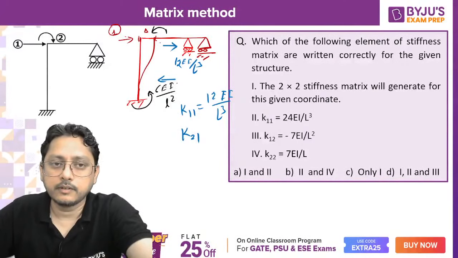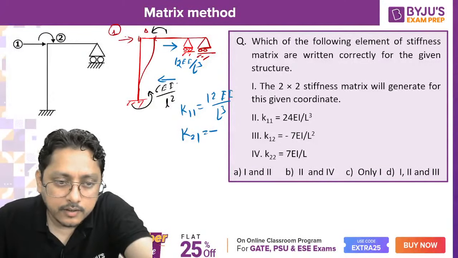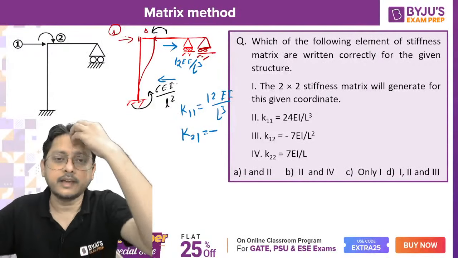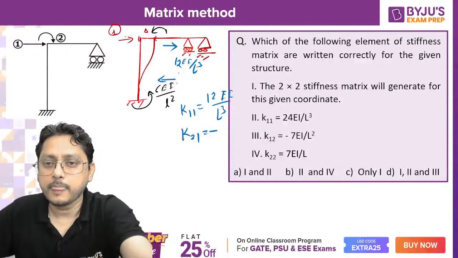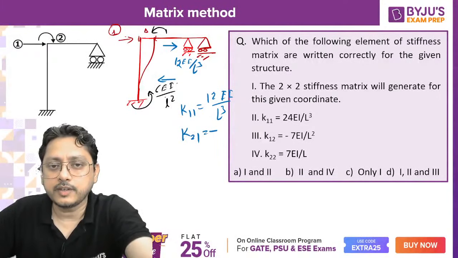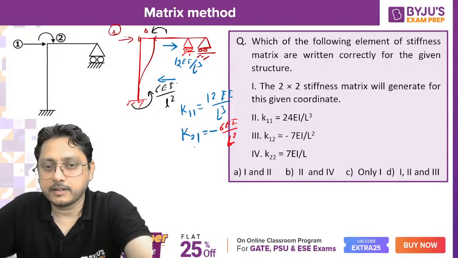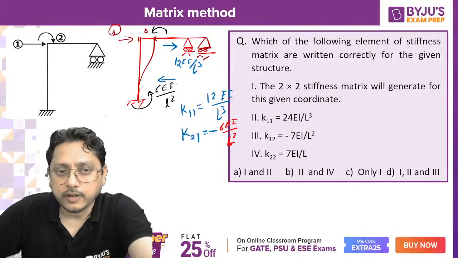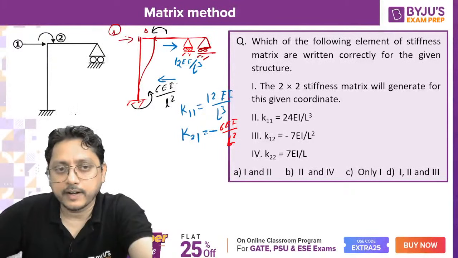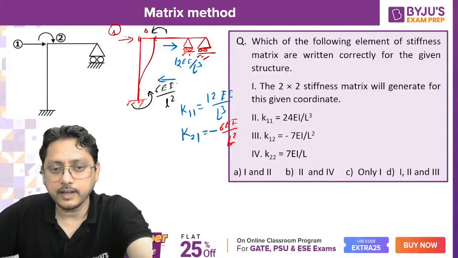That is in the direction of coordinate 2, it is -1, and it is nothing but 6 EI by L square. Then K12 of course will be the same. Now go for the deformation, the displacement you provide in the coordinate direction 2, to get the K22 value.